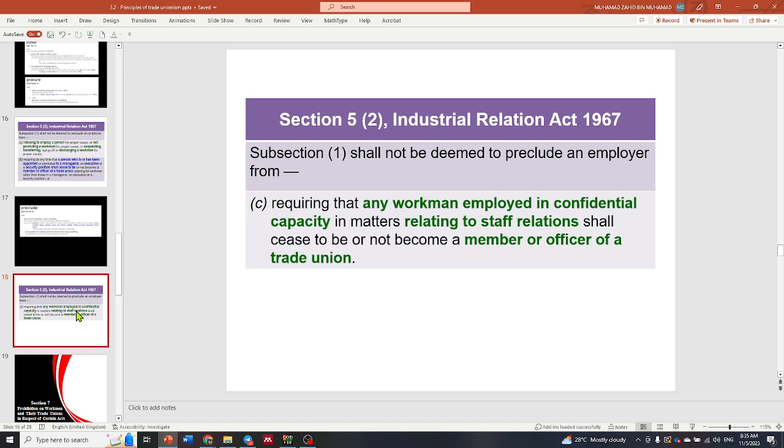Sebab contohnya saya dah jadi ketua ni, lepas tu bila saya jadi trade union juga, this employer has the thought, ada pemikiran yang saya boleh sampaikan pula maklumat kerahsiaan company ni kepada orang lain. Contohnya. So that is also not allowed to cease bermaksud halang jadi member ataupun tidak jadi member dalam trade union tersebut. Alright.